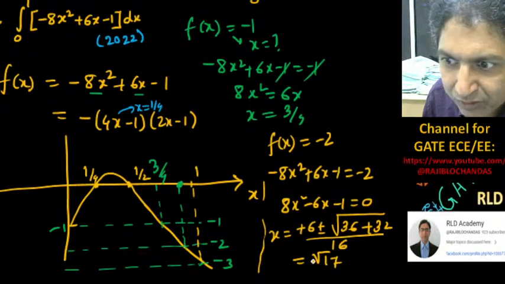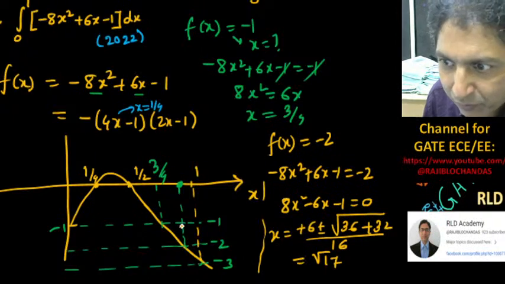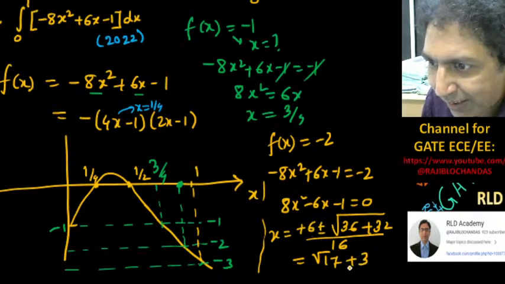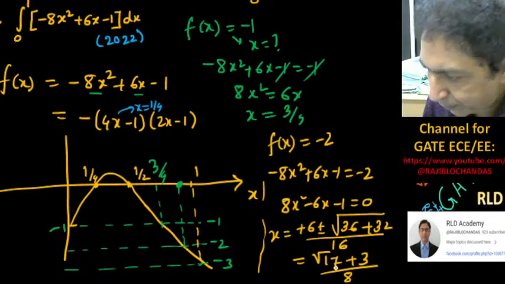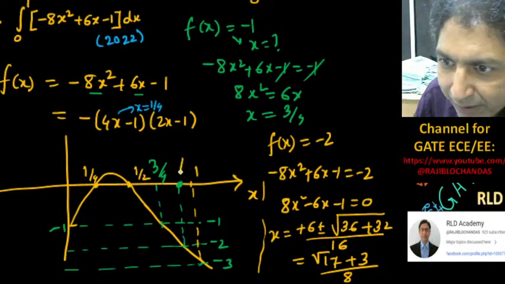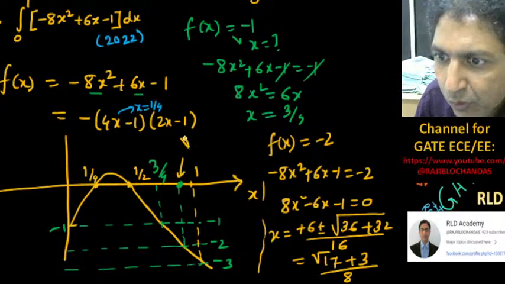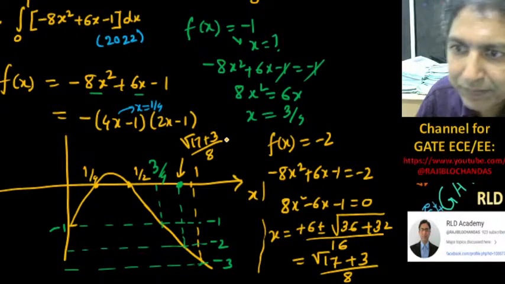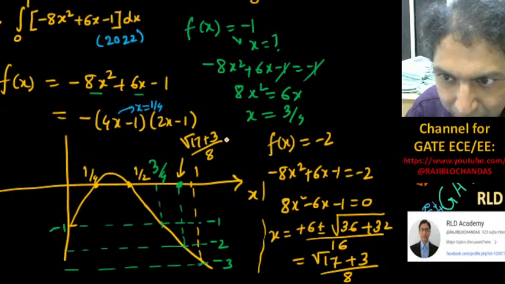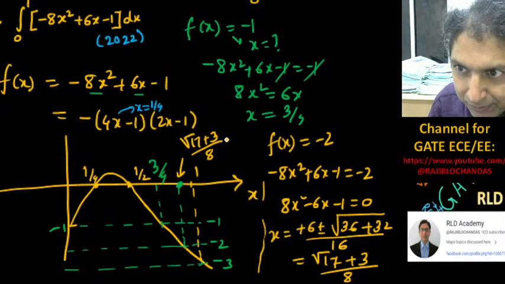I will not consider the minus sign, I need to consider positive only. So root 17 plus 3 by 8. This is the x. So this value is (root 17 plus 3) by 8. Got the point? So now we have got all the points.